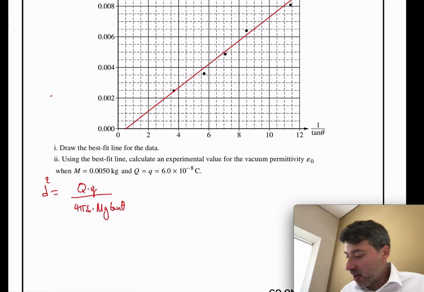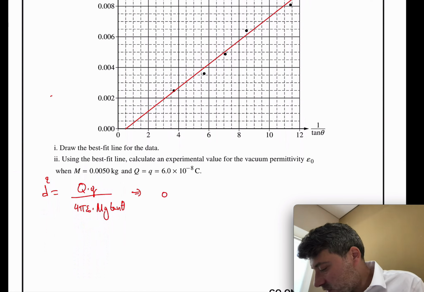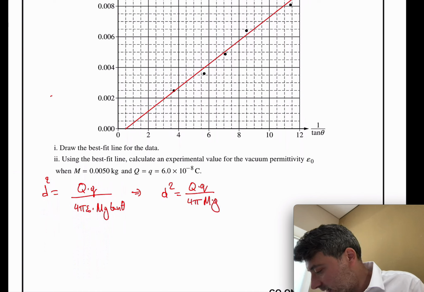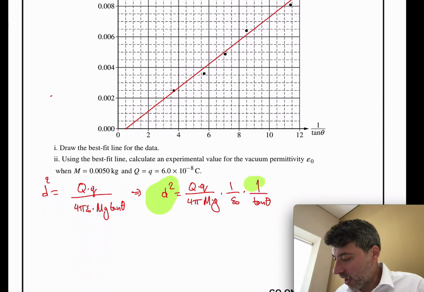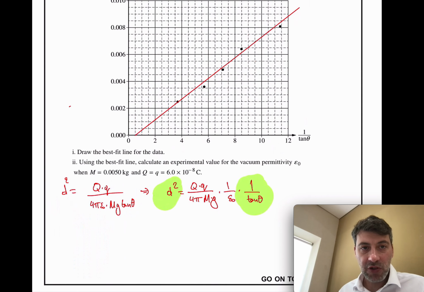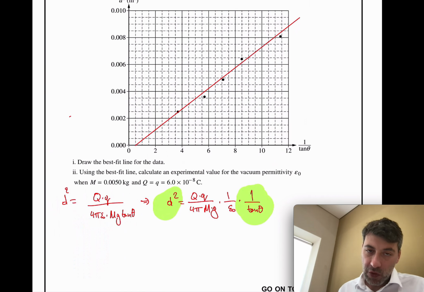So we'll write it in the form distance to the power of 2 equals QQ over 4 pi mg multiplied by 1 over epsilon 0 multiplied by 1 over tangent of theta. So the value that we need will depend on the distance to the power of 2 and the 1 over tangent of theta, which we have graphed. So we'll need to divide them in order to figure out what is the slope.